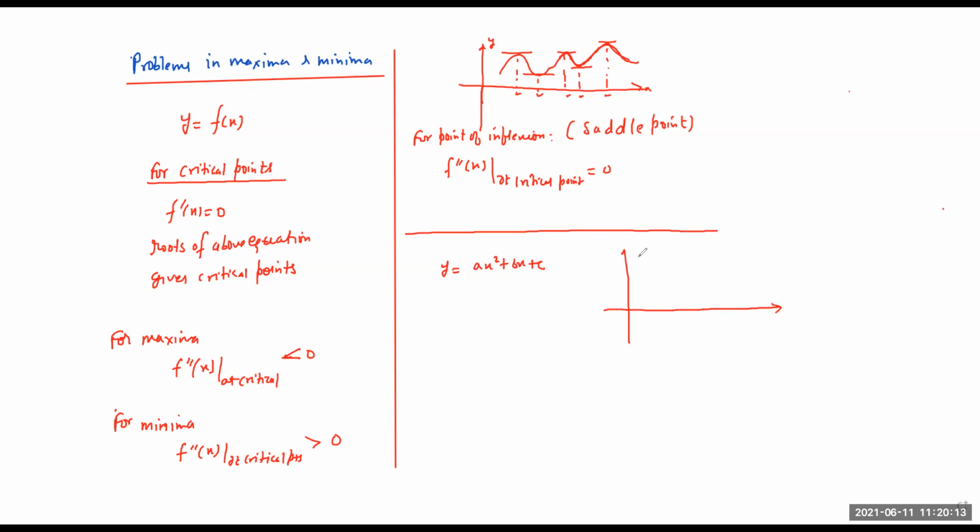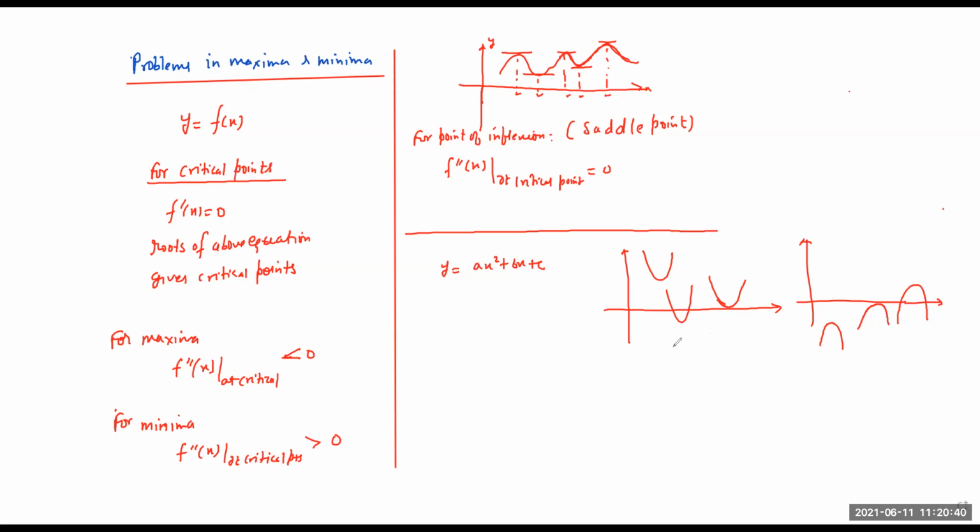There are various types of graph possible in the case of a quadratic function. You may get a graph like this, like this, like this. There are three possibilities, and three possibilities there.